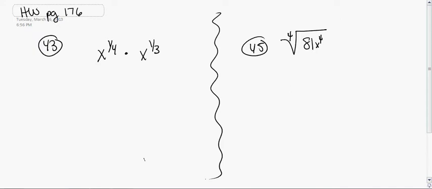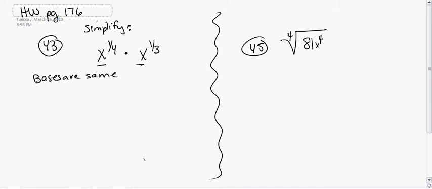So we are simplifying this. And I am going to use exponent rules here. My bases are the same. They're both x's, right? An x and an x.